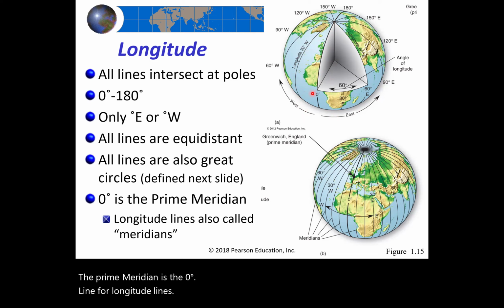And the prime meridian runs through Greenwich, England. That's right here, Greenwich, England. That is how you pronounce that word, Greenwich. The prime meridian is the reason why longitude lines are also called meridians.